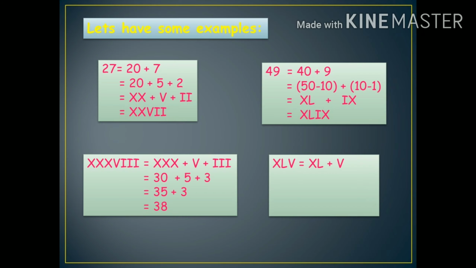XLV is equal to XL plus V. XL means 50 minus 10 plus V means 5, so it's 40 plus 5, that is 45.